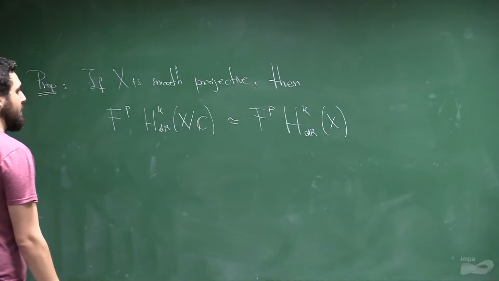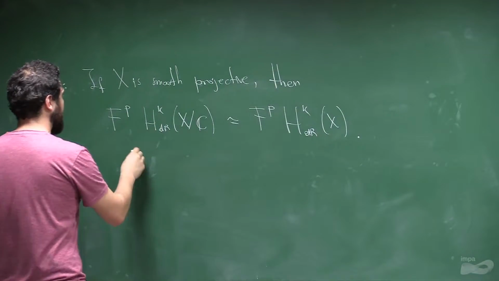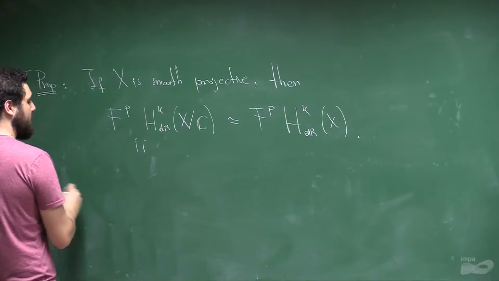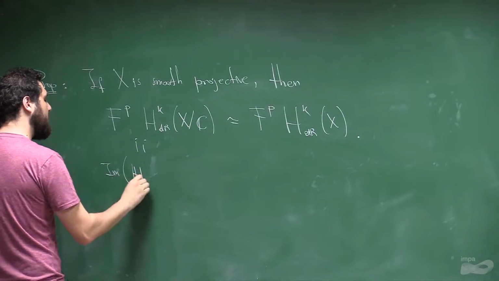Where this filtration here is defined to be the naive filtration, the image of the hypercohomology.